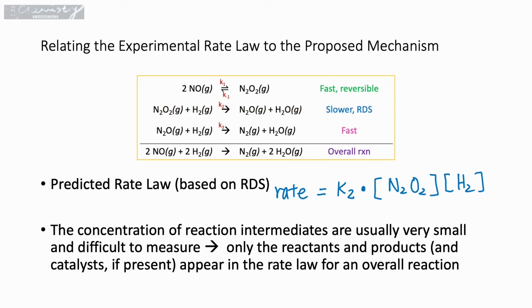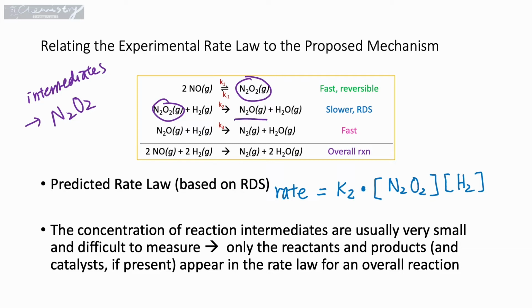However, based on this rate determined step, there is one thing that we can notice. Based on this, we know the intermediates of this reaction, which are the ones that are produced and used up immediately. The intermediates include N2O2.